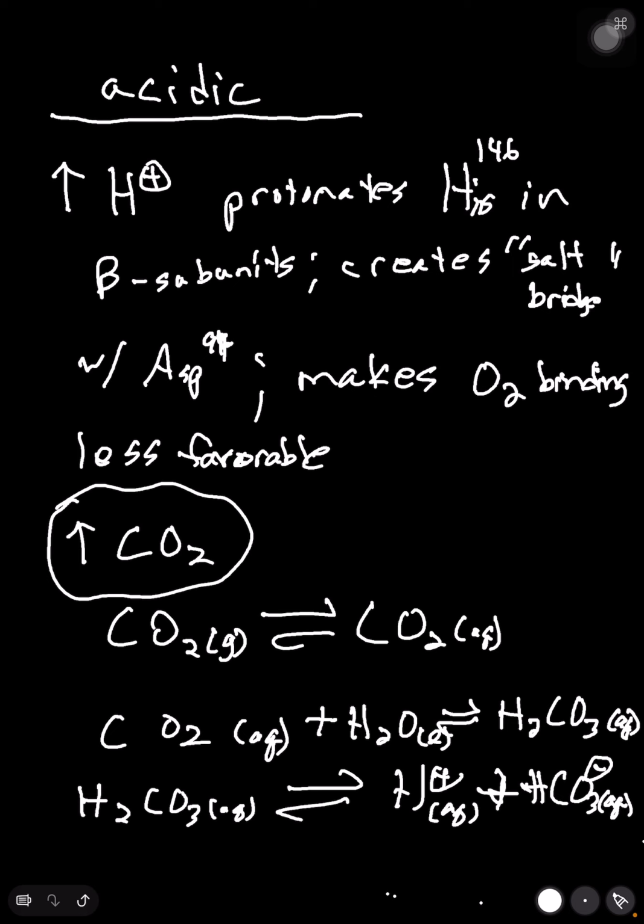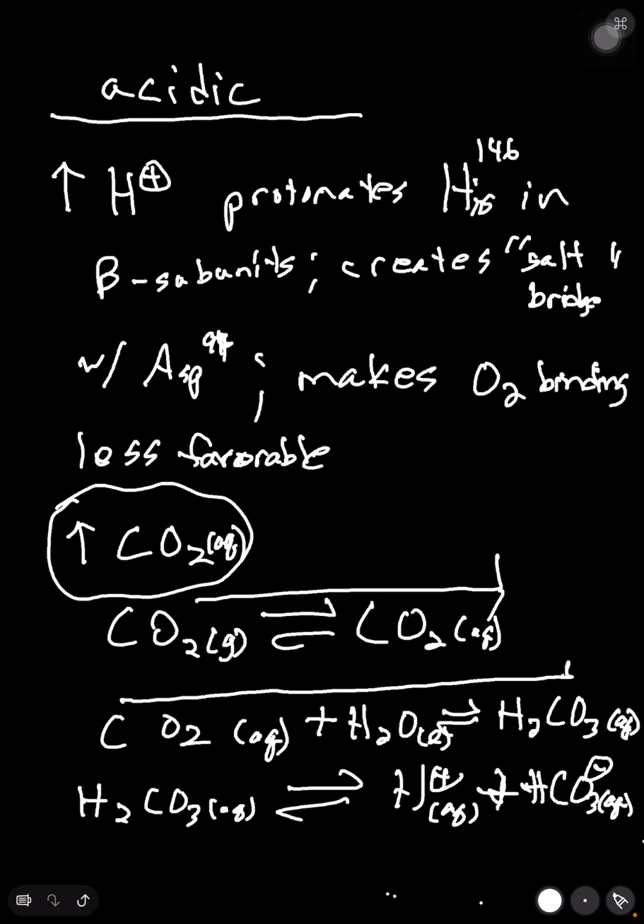All right. So, let's say you have an increased, and when I say this, I mean specifically aqueous, concentration of CO2, that means this equilibrium is shifted in that direction. Right, so we have large amounts of aqueous CO2. If we have large amounts of aqueous CO2, that means also this equilibrium is going to need to go this way to form more aqueous carbonic acid.